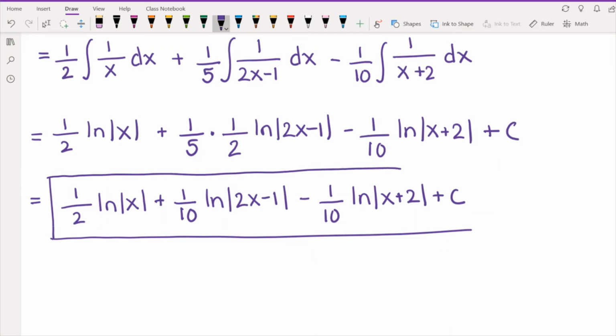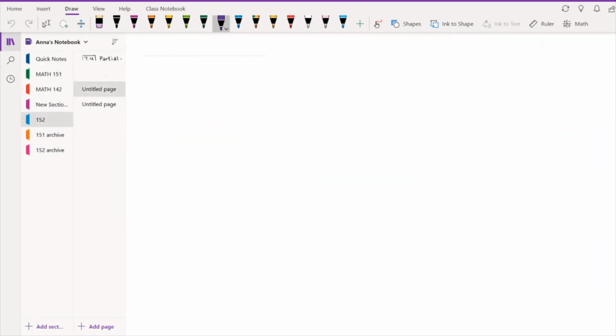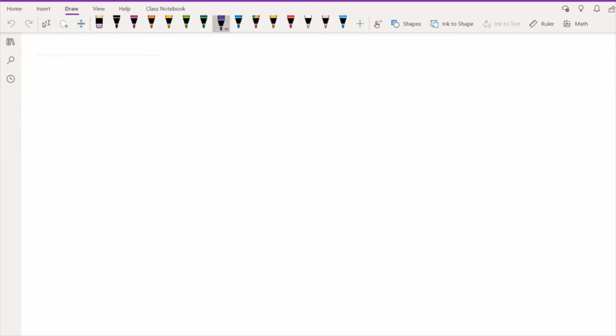Okay, so as I mentioned, we're now going to see an example, actually 2 more examples that bring up something a little bit different. So the next example I want to look at is we're going to find the antiderivative of 5x minus 3 over x squared minus 2x plus 1.